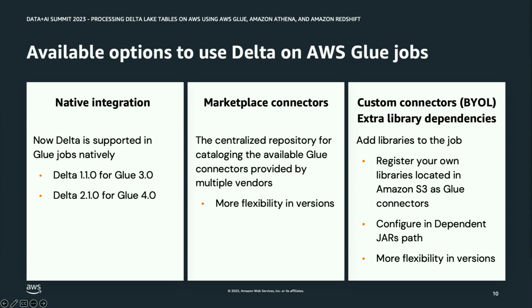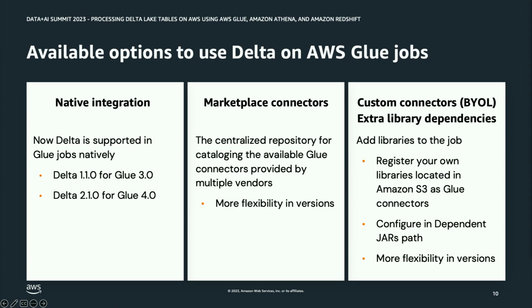Marketplace connectors also provide the Delta library packages and more flexibility in versions. And finally, custom connectors are the most flexible option. To enable a custom connector in Glue jobs, you can put your own libraries, of course, Delta libraries, into your S3 bucket, register the S3 library path, and then the libraries will be automatically added into your Spark runtime.